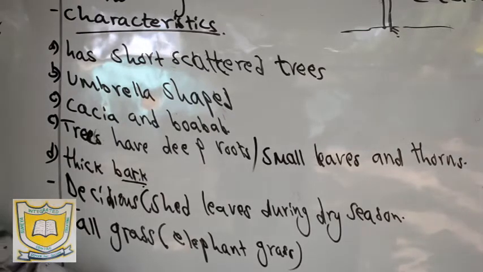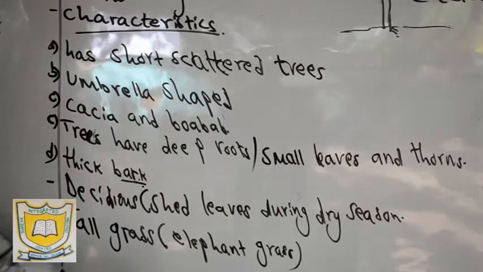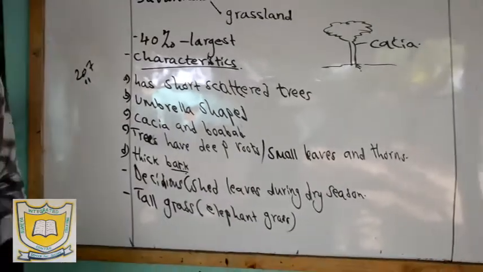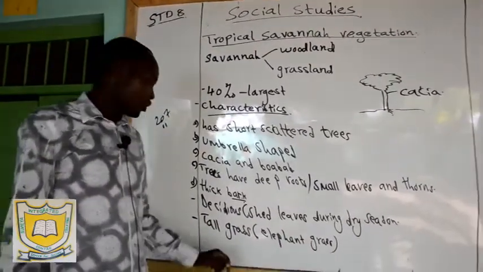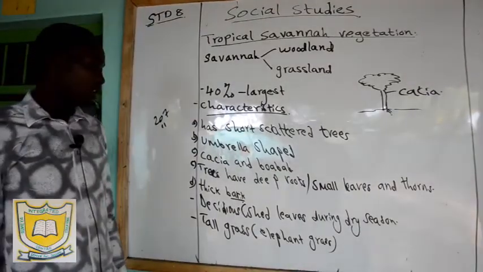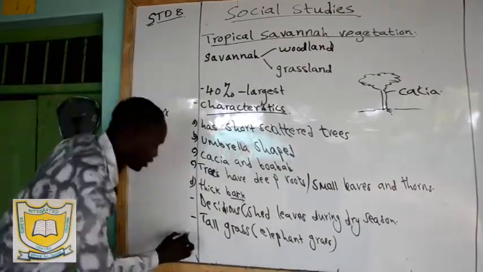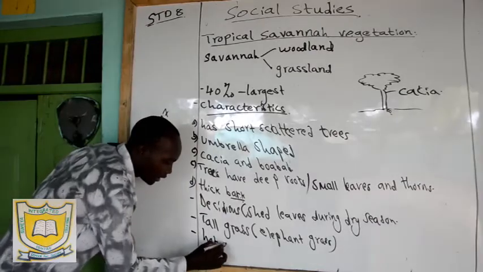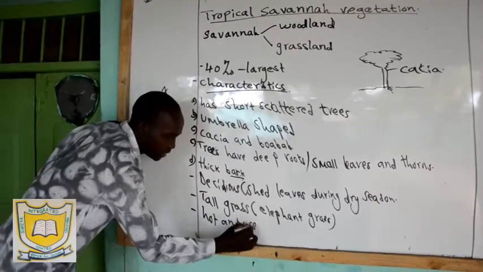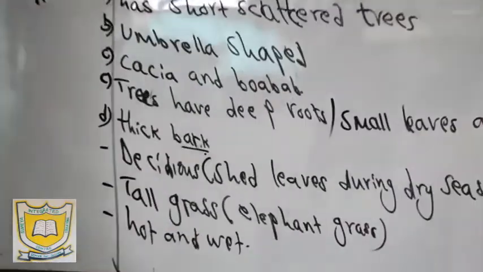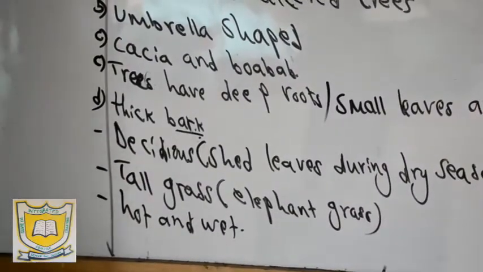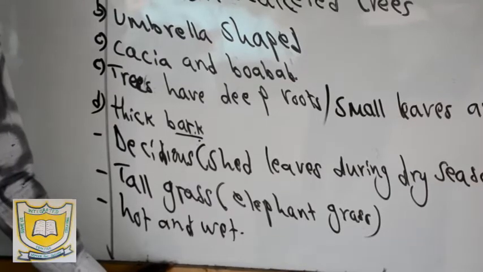So majorly it's made up of tall grass, and then we have some small trees in that region. And then lastly, the area receives a hot and wet climate. So the area is hot and wet. We have a rainy season, and then we have a dry season.